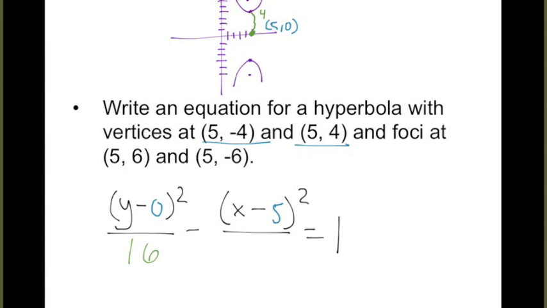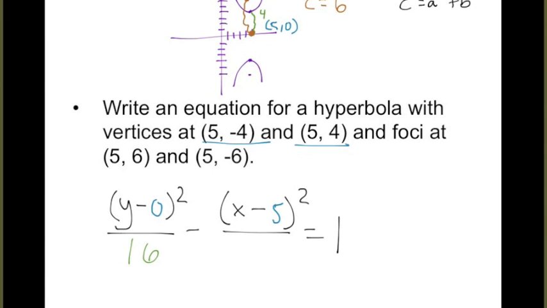The only other thing we can measure in our picture is the distance from the center to the focus. From the center to the focus is our C value, and that is 6. The focus doesn't go directly into the equation though. C squared equals A squared plus B squared is the second equation that we need for our hyperbola.